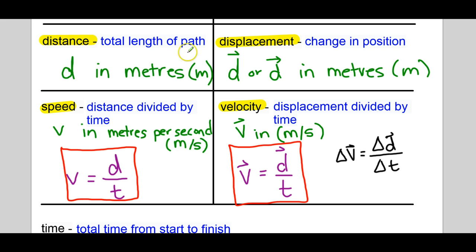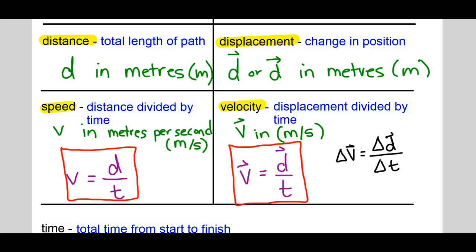Okay, now I'm just going to jump over here to the right-hand side. Remember, what's on the right are vector quantities. The only real difference here is that we have a direction associated with it. When we're talking about distance versus displacement, displacement is a change in position from start to finish.